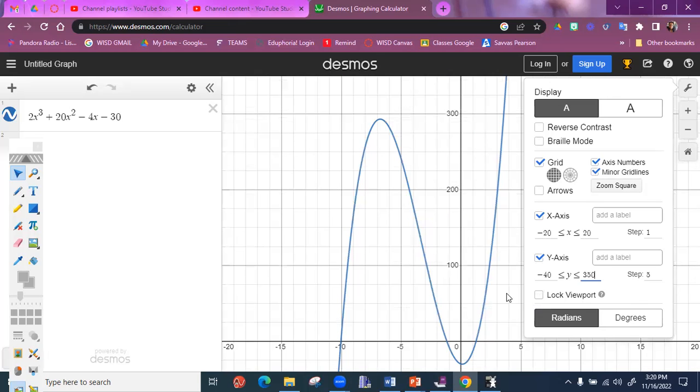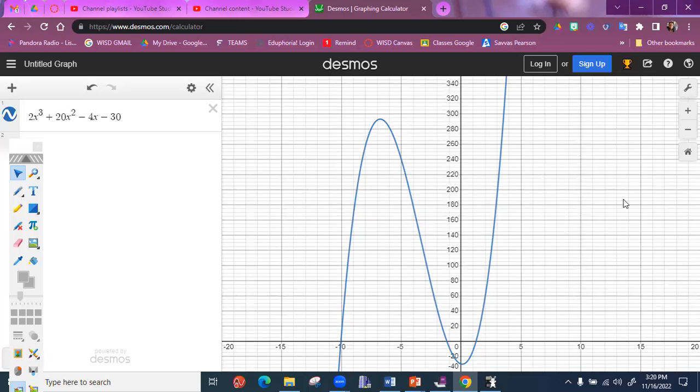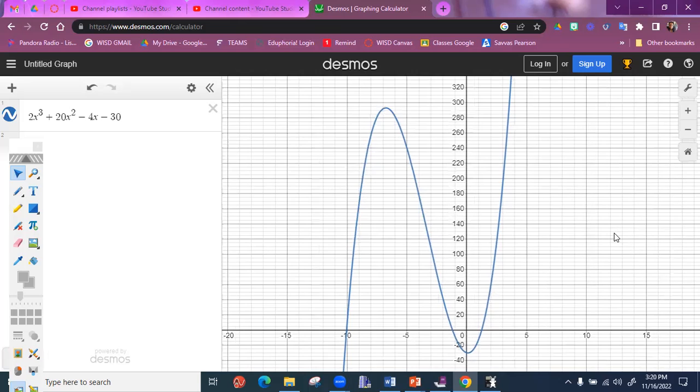Why not? Okay, so now do I see the full cubic function? Yes.